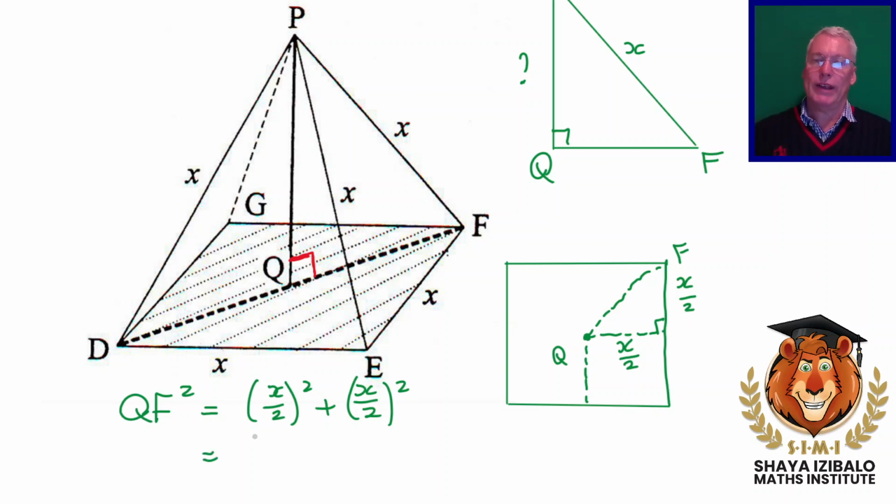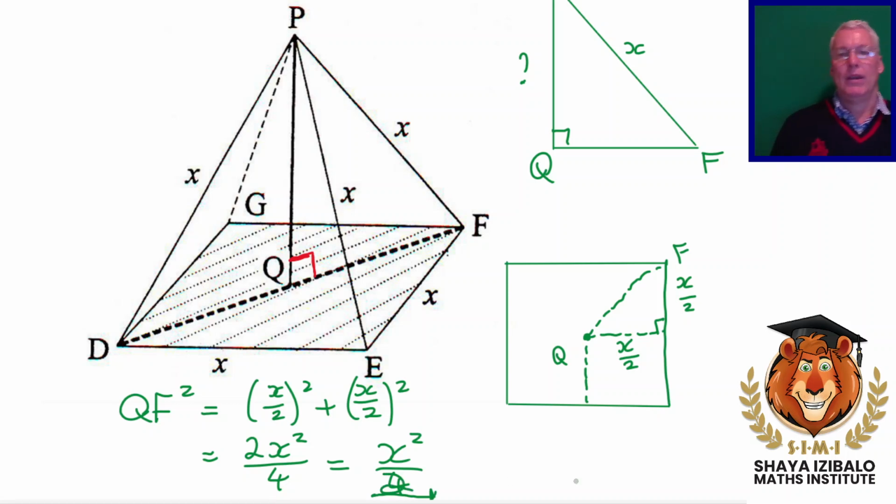It's actually 2x squared over 4, and that simplifies to x squared over 2 if we divide the top and the bottom by 2. Okay, it's actually not QF, it's QF squared, which is x squared over 2.